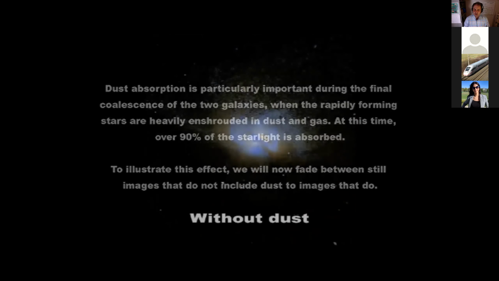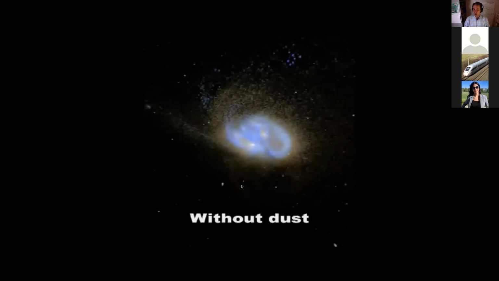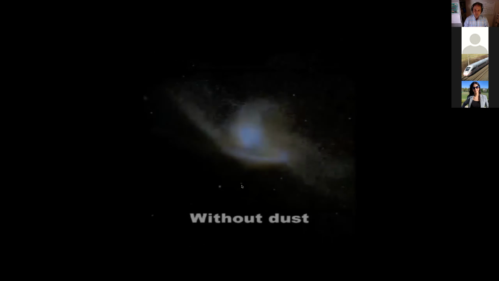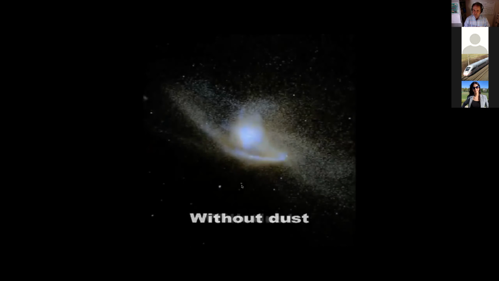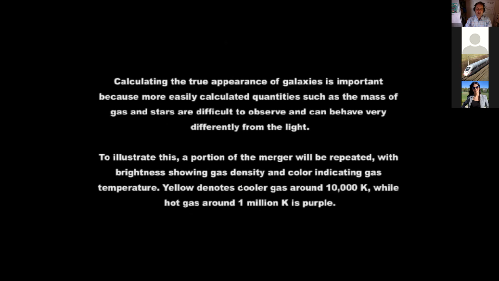So very impressive. Without dust, it looks like this. That's great. But with dust, the morphology changes, especially in the center. Honestly, I'm a dust kind of person, so I would say there's probably more dust in the outskirts. I like the processing already, but it could probably do with a little more diffuse dust everywhere. But that's neither here nor there.